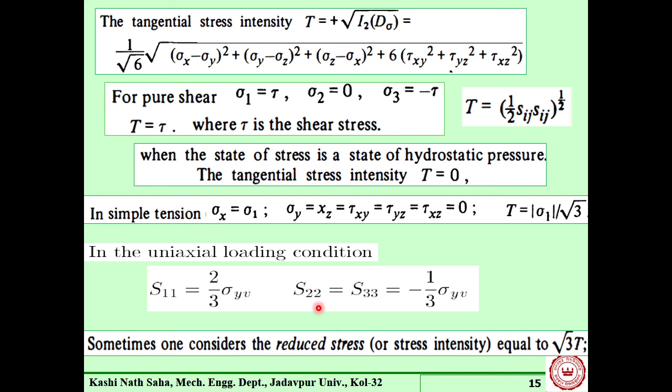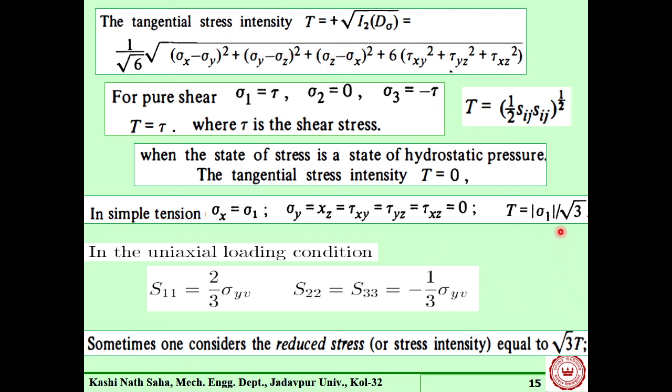Corresponding to that, if we calculate the tangential stress intensity, this is the value we will obtain. Put here sigma x as sigma, and the other values are 0. From there we get 1 by root 6, and one root 2 will come out.